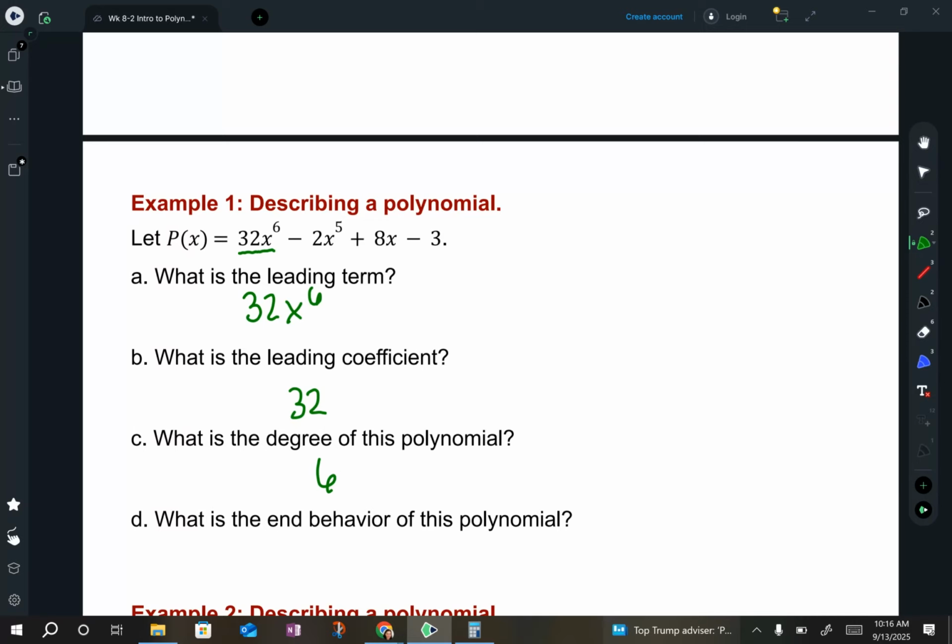So what is the end behavior of this polynomial? Well, the leading coefficient is positive. The degree is even, so its end behavior is going to match x squared. X squared is our smiley face, so its end behavior is up to the left, up to the right.